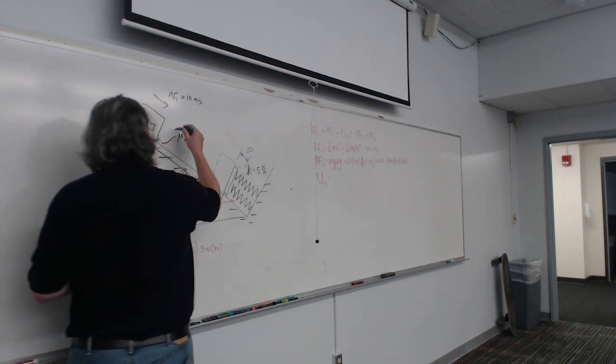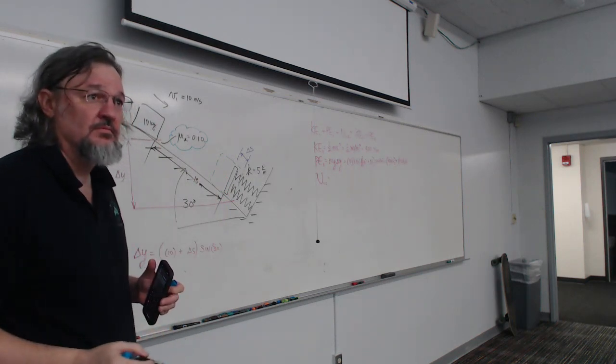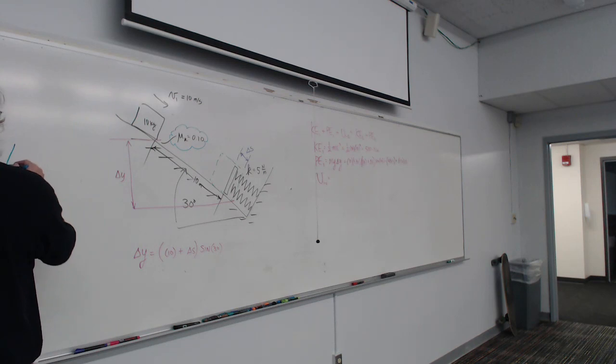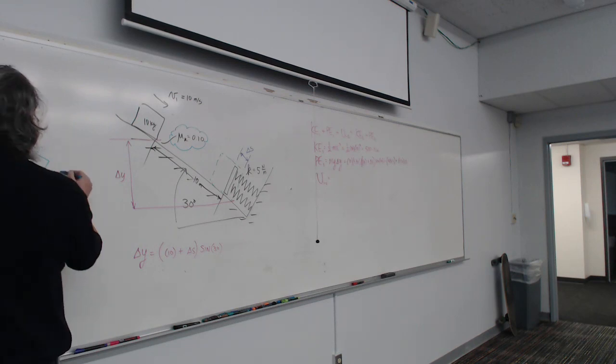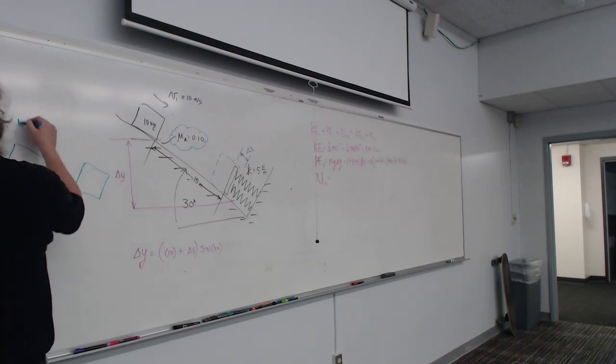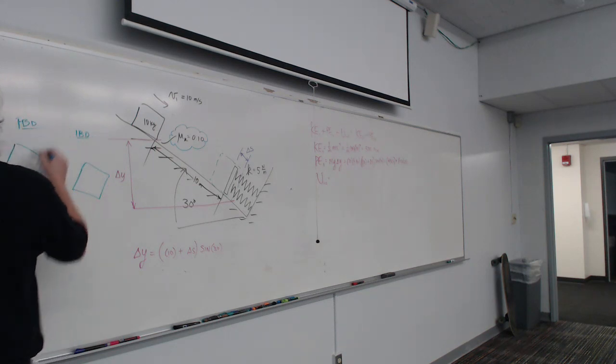But we have this ugly little guy right there causing trouble. Friction, yeah. So maybe we don't actually have to do an IBD onto this thing, but we do need an FBD to organize our brains.